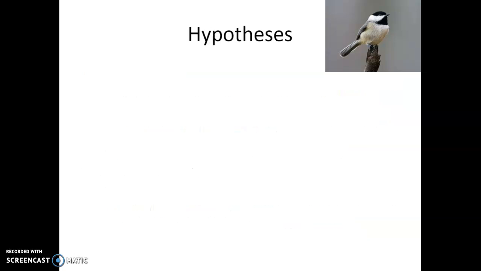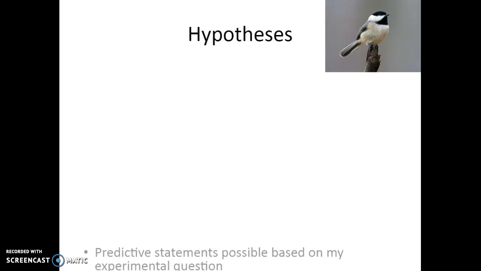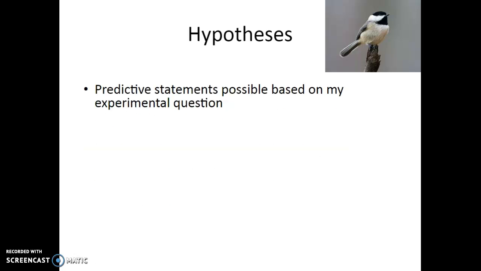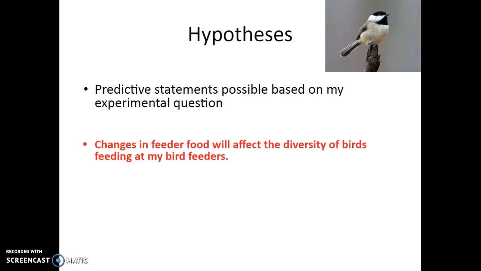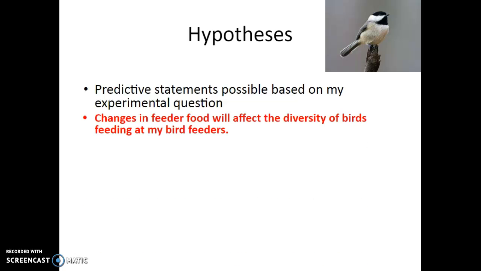All right, so predictions. That's what hypotheses are. When you develop an experiment, you make predictions about what might happen. So again, have that definition of what a hypothesis is ironed into your brain. So changes in feeder food will affect the diversity of birds feeding at my feeder. That's one outcome that's possible.